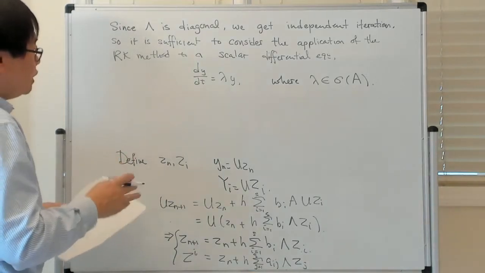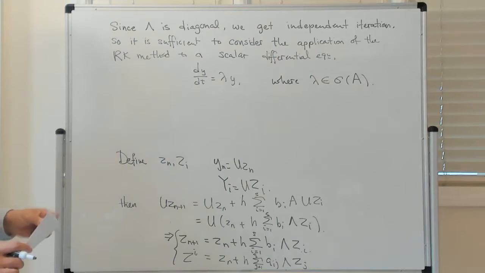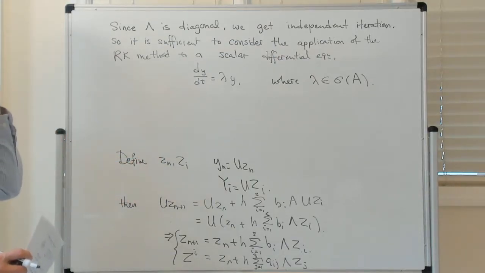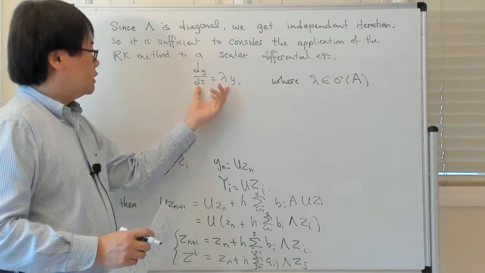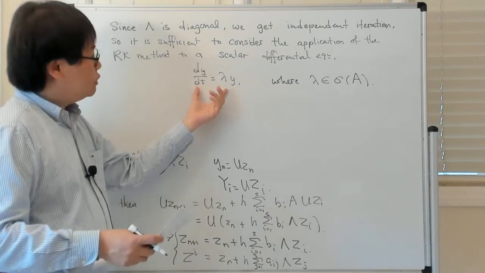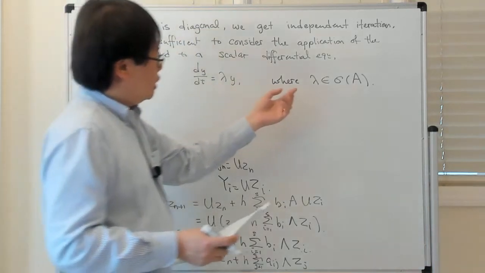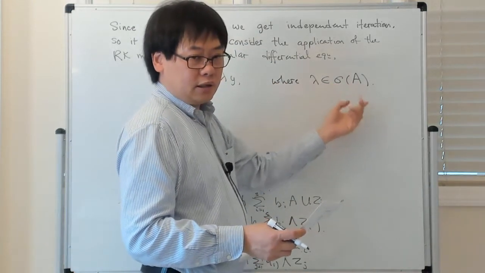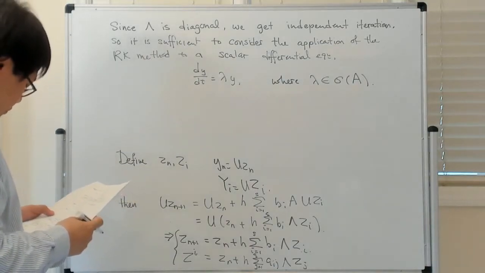Okay, so in any case, what that says is that instead of studying the stability theory for a system of linear differential equations, all that's really sufficient is to study the Runge-Kutta method applied to a scalar linear differential equation, where the lambdas are in the spectrum of the matrix A of the original linear system.